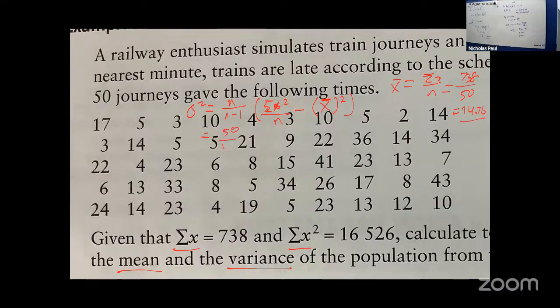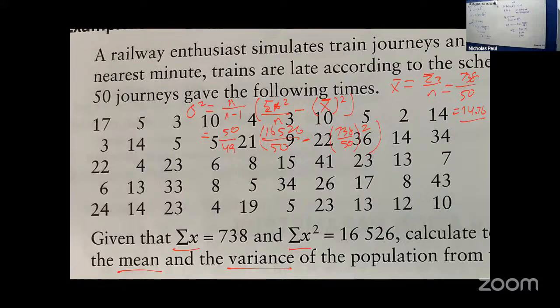So that's 50 over 49 by the sum of x squared, 16526 all over 50, minus, if you want, 14.76. You could write 738 over 50, all squared.